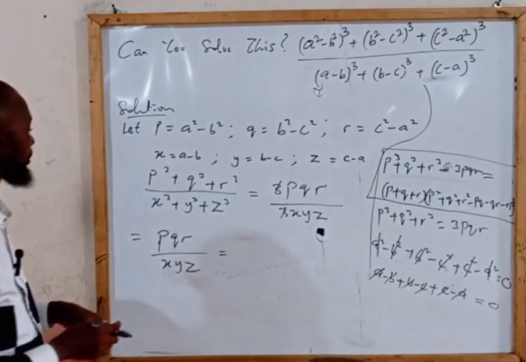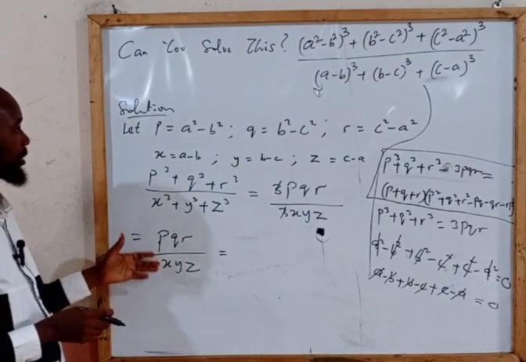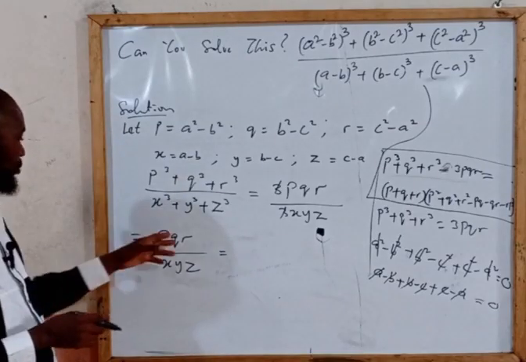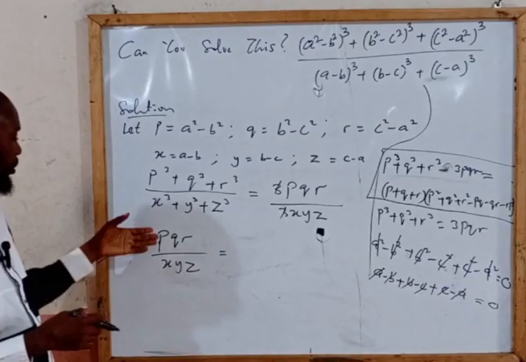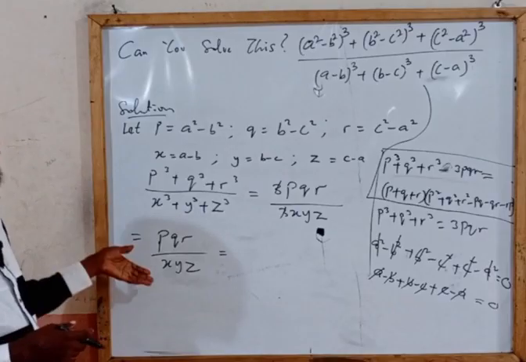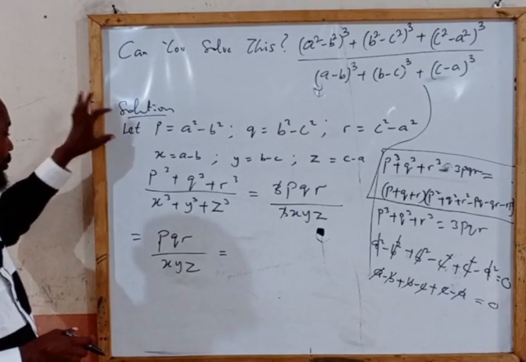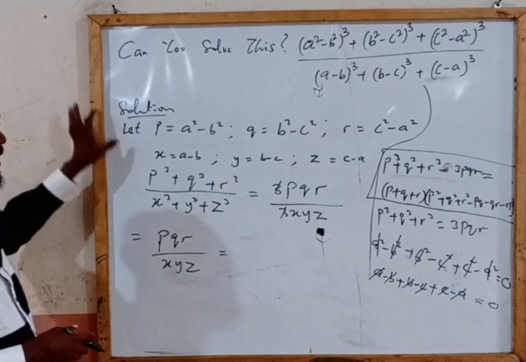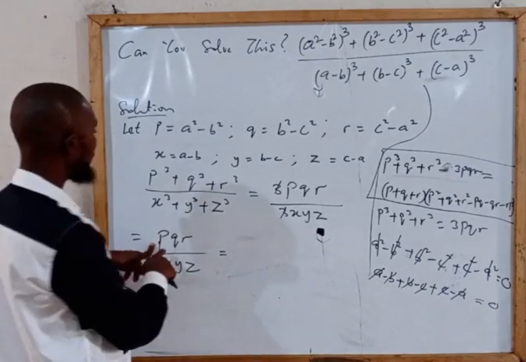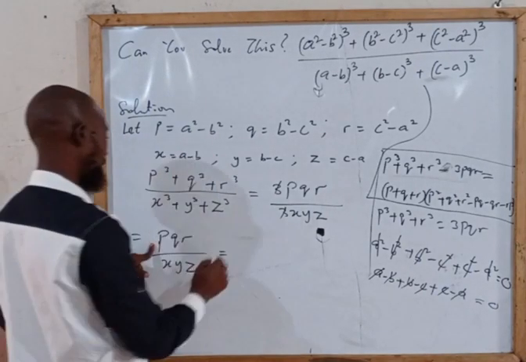Now, what is PQR? Since PQR is not given as part of what we are to do, how does PQR come into what we are doing? It is from this angle. When we go back to where we have P, Q, and R, we can see the first item is P. P here is A squared minus B squared.